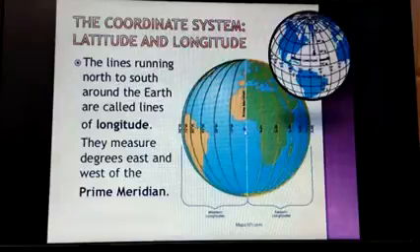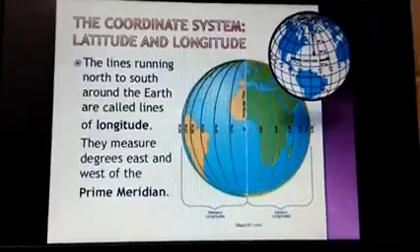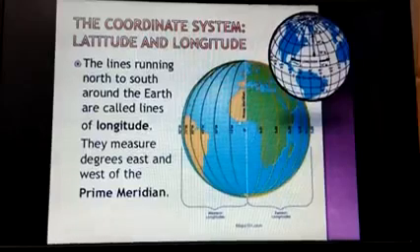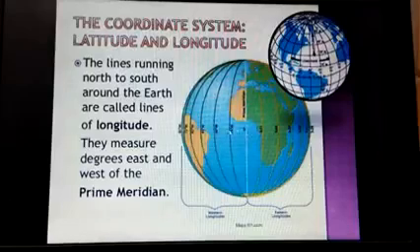Like here, we draw the equator line, and north and south we call the northern hemisphere and southern hemisphere. Similarly, when we consider the reference, this is the prime meridian, this is Europe, and this line is passing through Europe or England. Now from here this is 0 degree. From 0 degree to the west, this is the 15 degree west line, 30 degree west line, 45 degree west, 60 degree west, 75 degree west, 90 degree west.